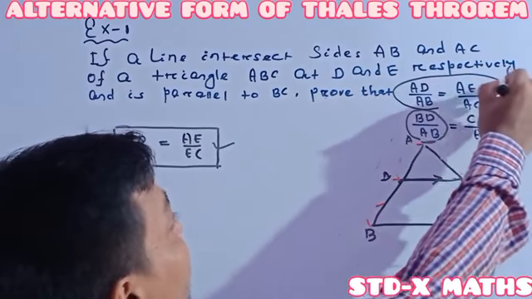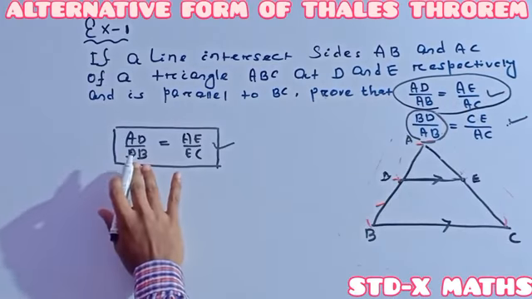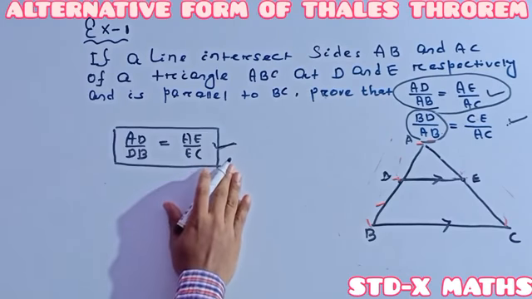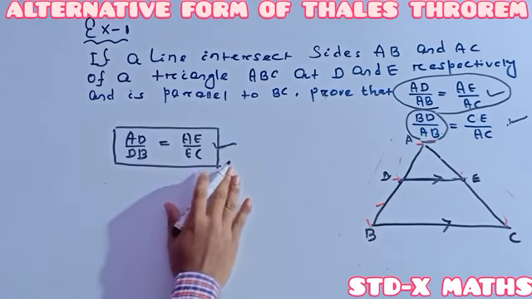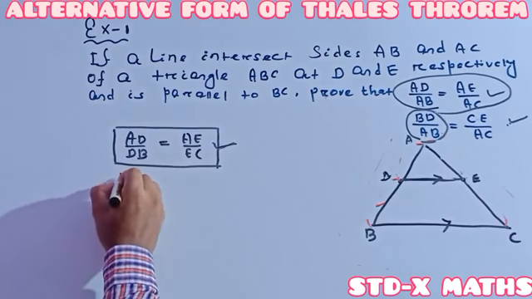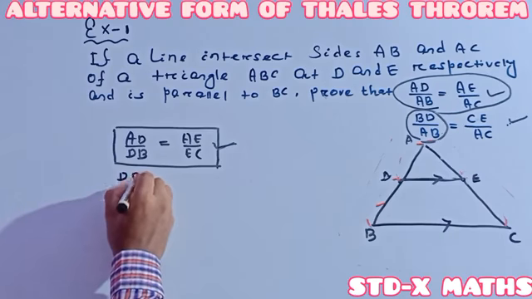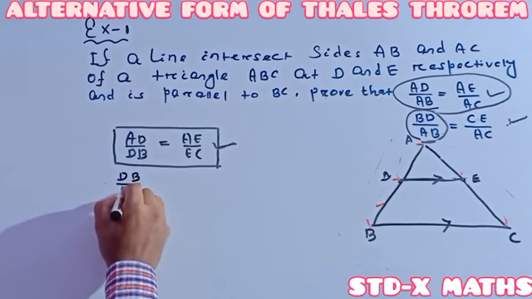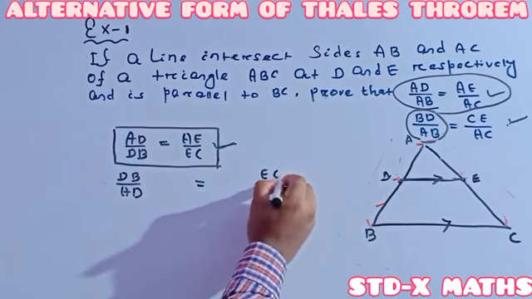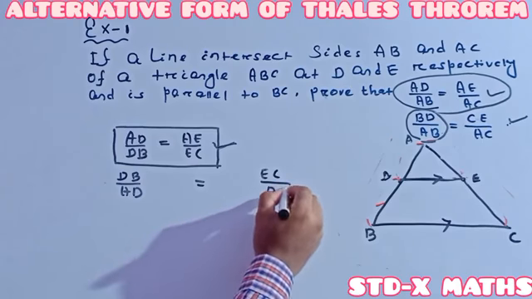To prove this result, we have to take the reciprocal of the Thales ratio that is given, on both sides first. So the reciprocal of both sides means DB divided by AD equals EC divided by AE.